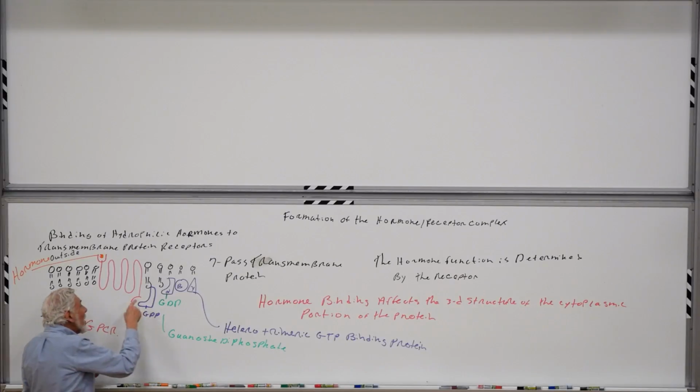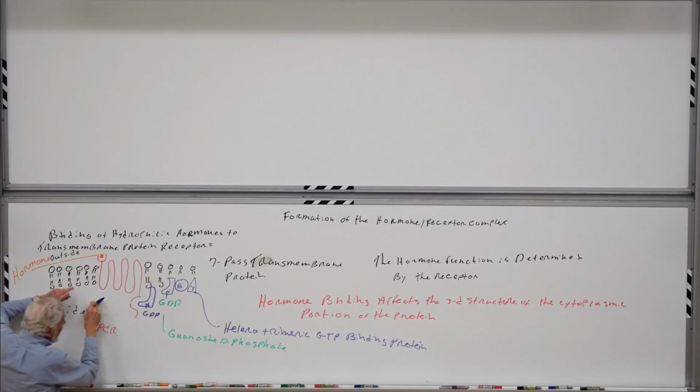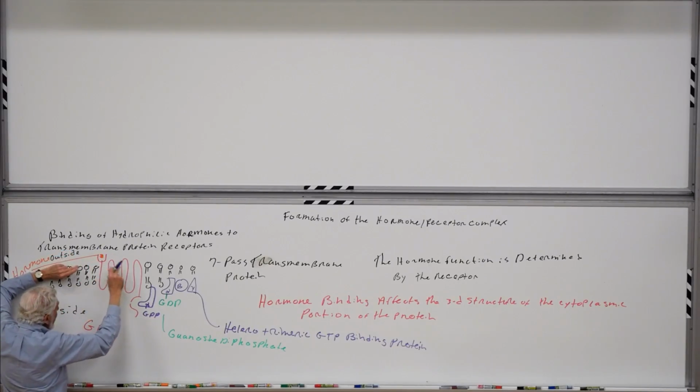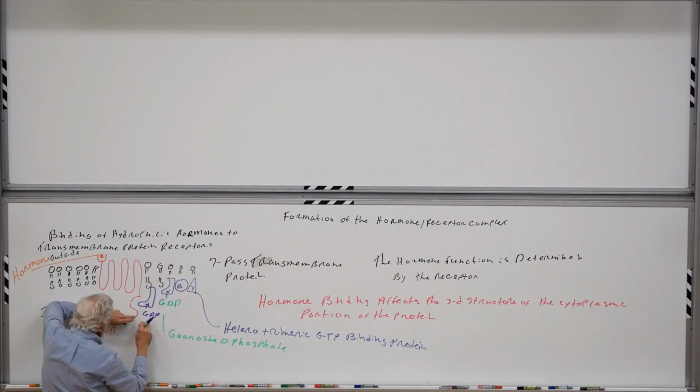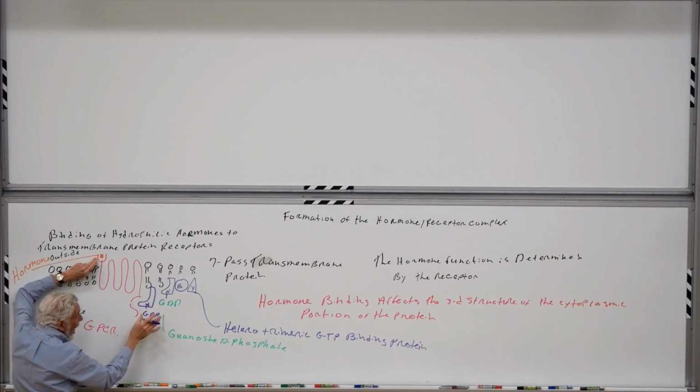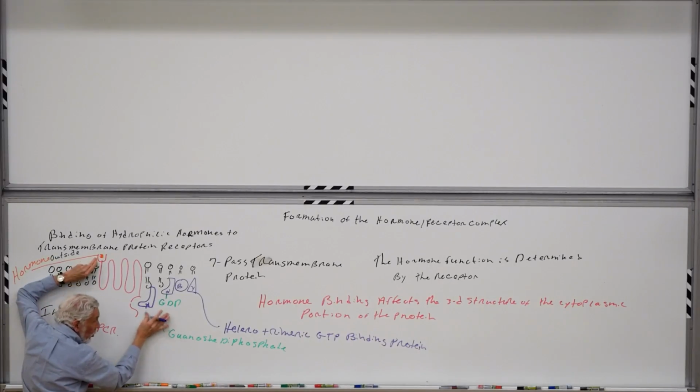The binding of the alpha subunit to the activated hormone-bound receptor, the alpha subunit with the GDP attached, bound to the transmembrane G protein coupled receptor with the hormone attached, allows down here for an exchange.